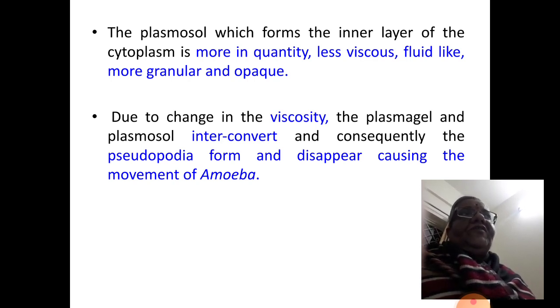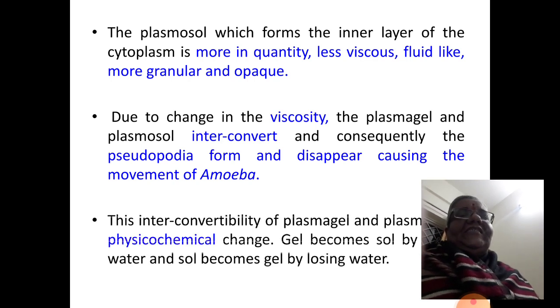I have already told you the nature of these two. The change in viscosity converts plasma gel into sol and plasmosol into gel, and this interconversion brings about the formation of pseudopodia and withdrawal of the pseudopodia, thereby causing the locomotion in amoeba. Let's see that in detail.